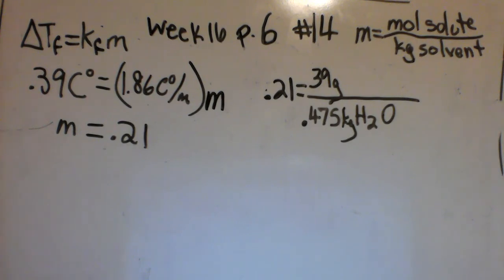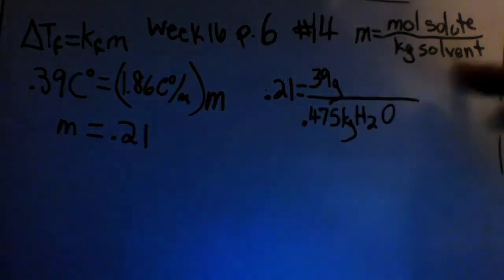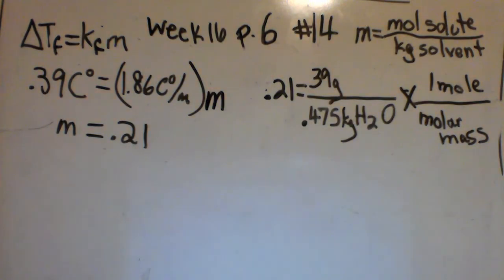Now, we have to figure out what the molar mass of this particular solute is. So we're going to solve for moles. Now, in order to get molar mass by itself in this particular equation, we're going to multiply both sides by molar mass.